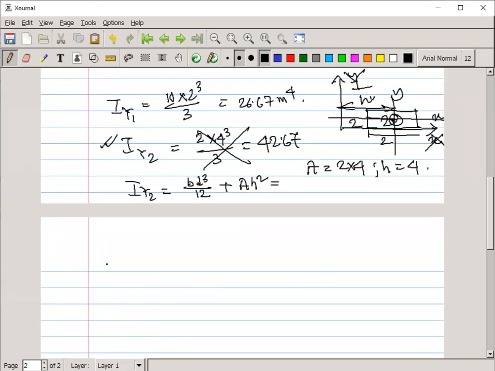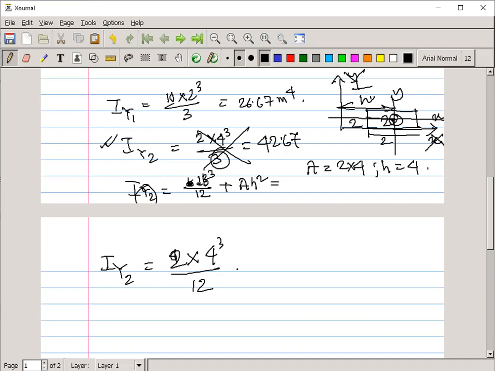So we have to put what? I of y2 is equal to b is 4 and d cube is, oh sorry, we have to find the y2. So y2 is db cube, not bd cube, db cube. So d is 2 and b is 4 cube by 12, not 3.